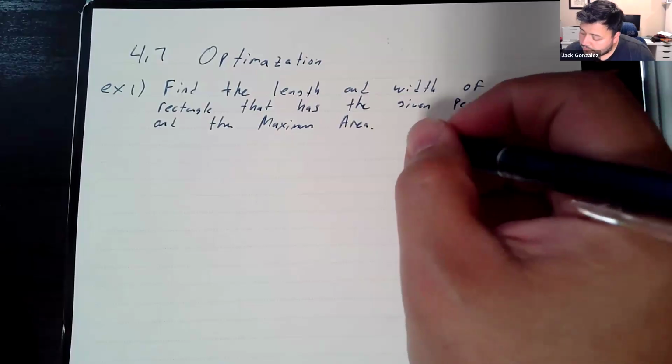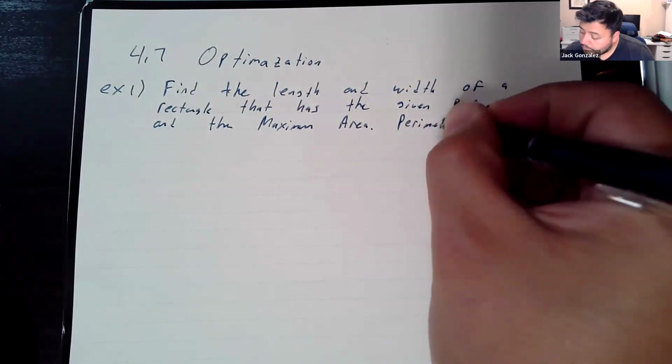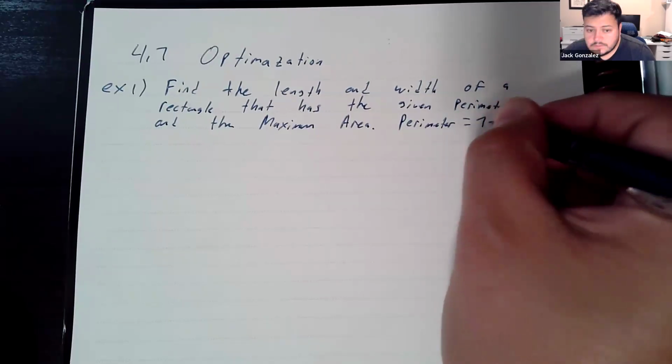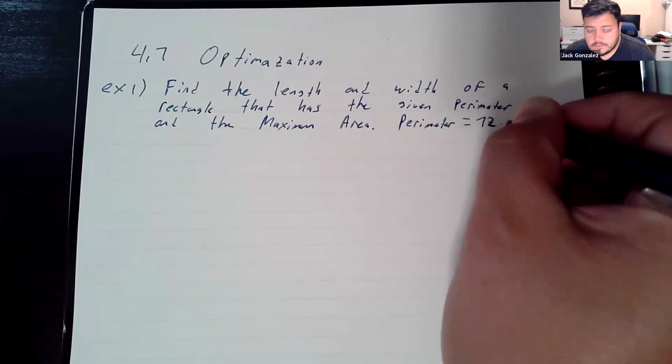The perimeter that they're giving you is equal to 72 meters.